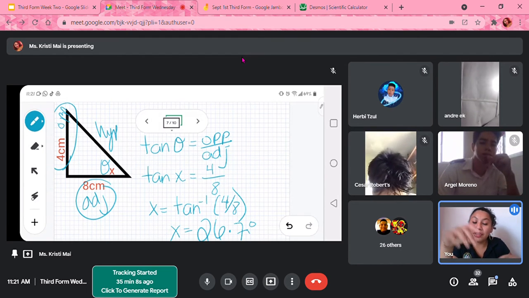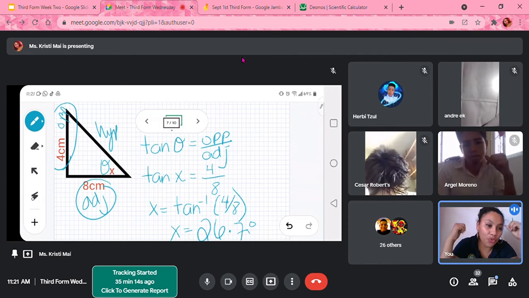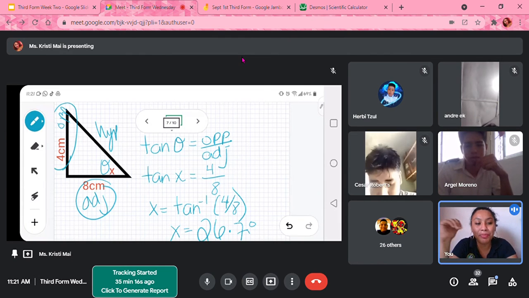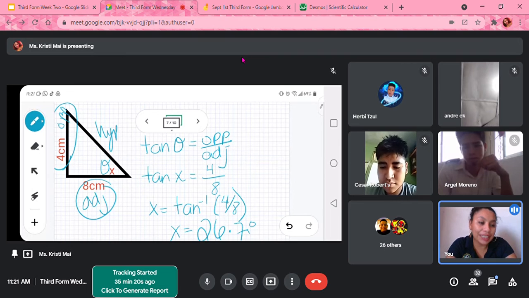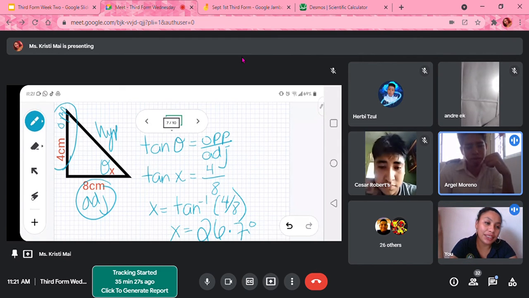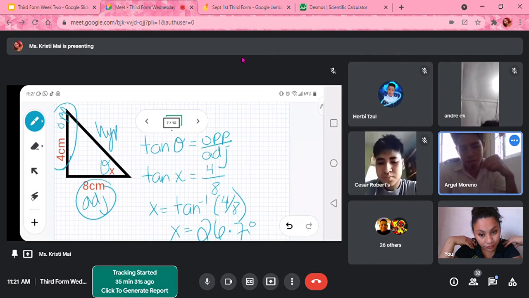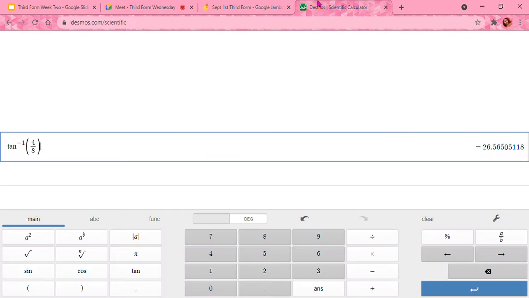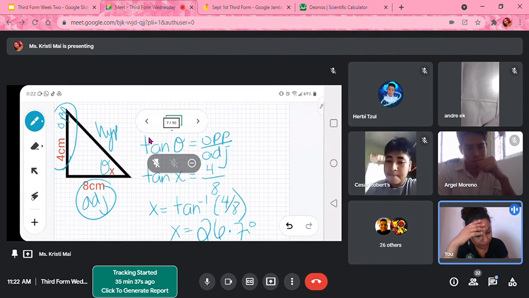Alright, if you want to round it off to a whole number, then it's 27 degrees flat. But if we're keeping it to one decimal, it is 26.6. So it all depends on how you are keeping your answer. I prefer one decimal place.